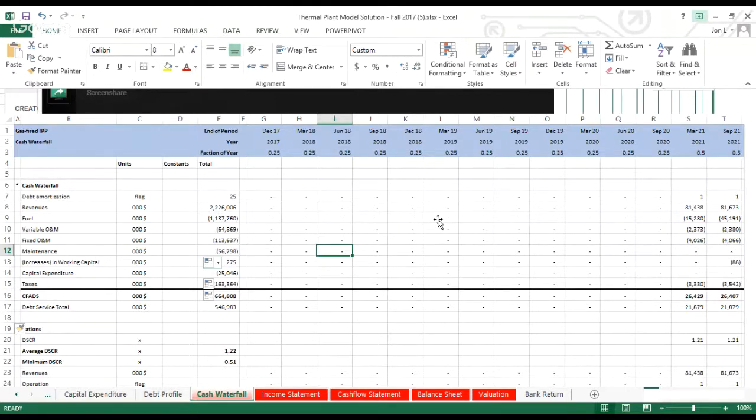So an increase in net working capital is negative, it's a use of cash.